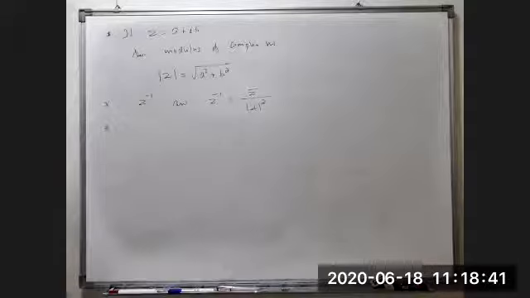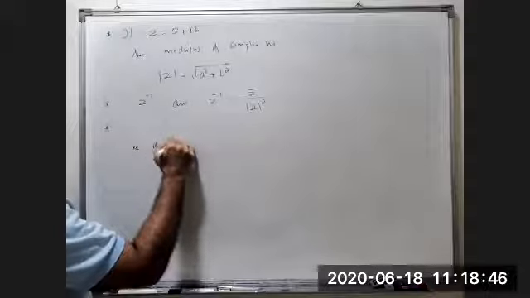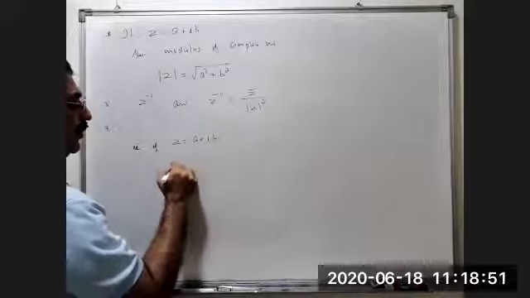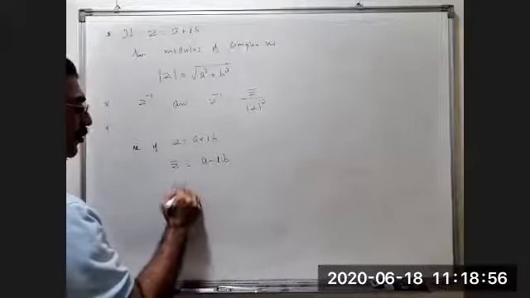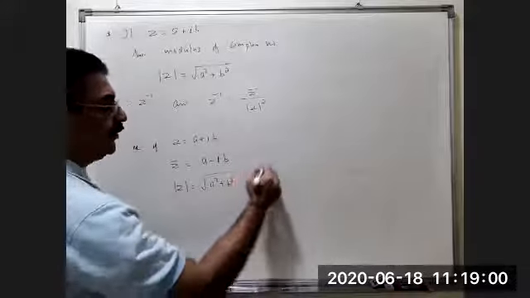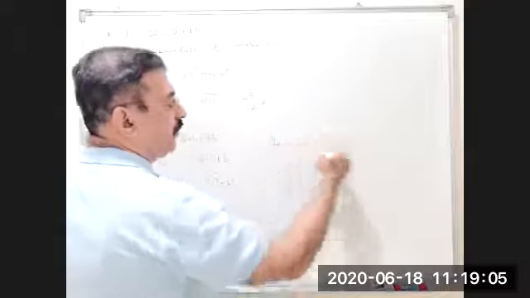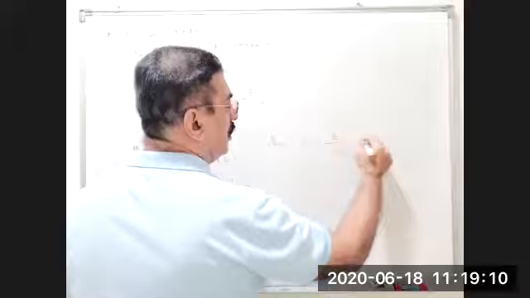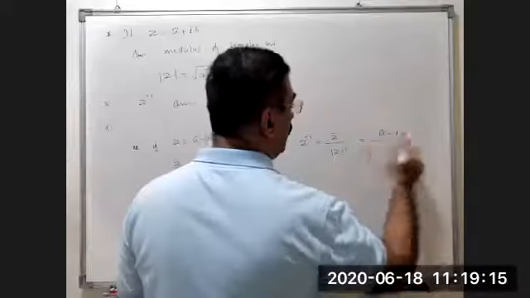That is, if z is equal to a plus ib, we know z bar is a minus ib. Modulus of z is root of a square plus b square. Then z inverse is z bar by modulus z square, which is a minus ib by modulus z square.